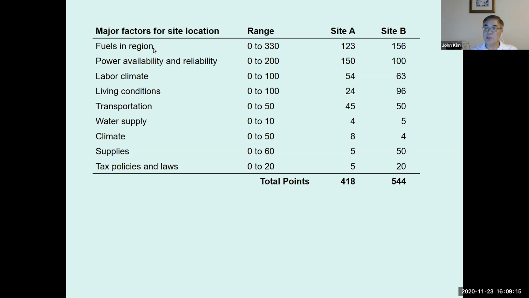Maybe this one is the most important factor, so give it the highest weight, and so on, and evaluate each location's factor weighting. Then add all the factor scores, and the location with the higher score is the winner. So take this location. This is the factor rating system.